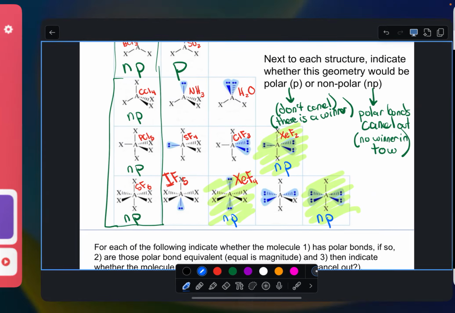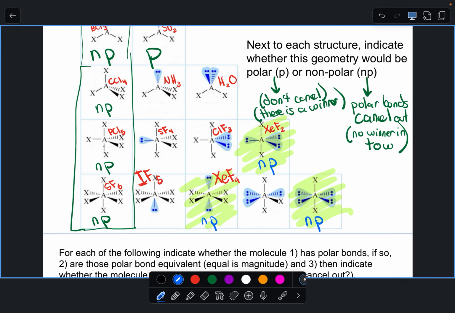Now, if you go through and look at every single other one of these that's not highlighted and not blocked out, the lone pair in each of those instances is, you could kind of think of it as, not symmetrical, okay? If you have that symmetry there, then those bonds can cancel each other out. Usually what happens with lone pairs is they offset that symmetry so that the bonds are not able to cancel each other out, okay? So all of these ones end up being polar.